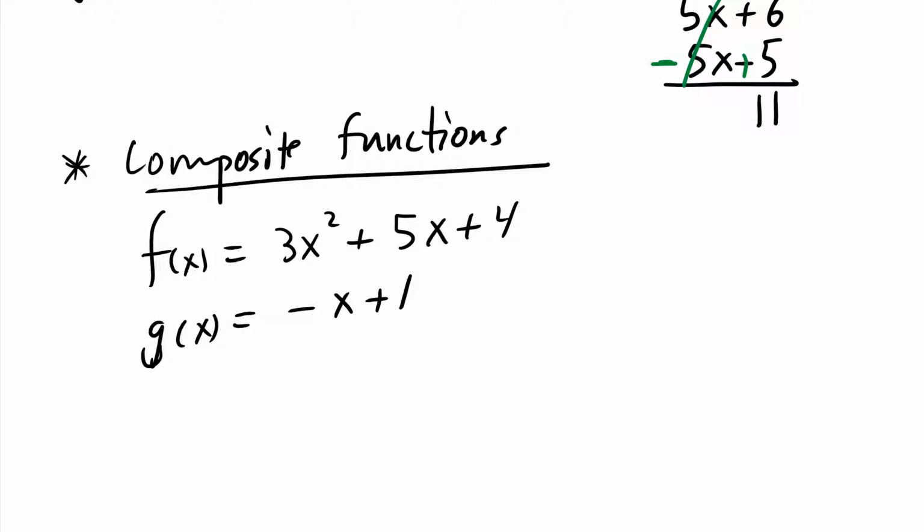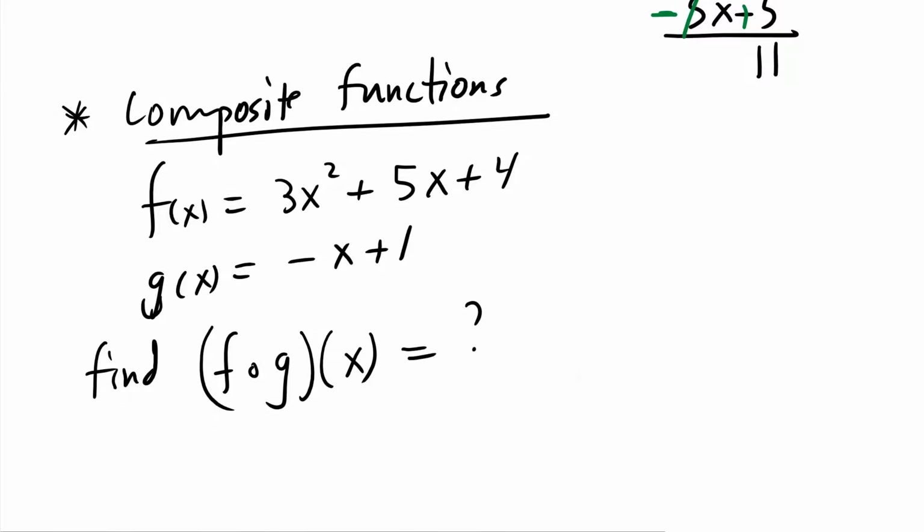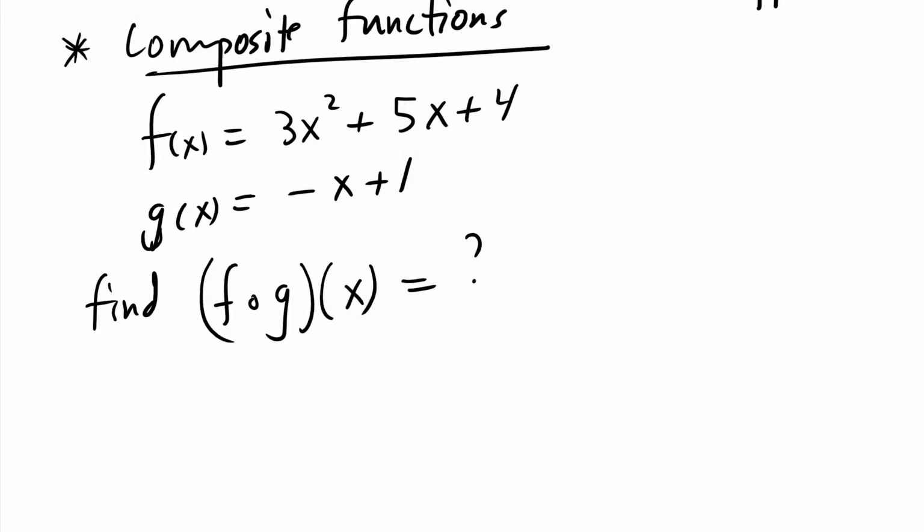And we are required to find, let's say, f composed with g of x. So that small circle means composed with. So what would that be? Well, the composition definition here is, it means f of g of x. That's what this means.